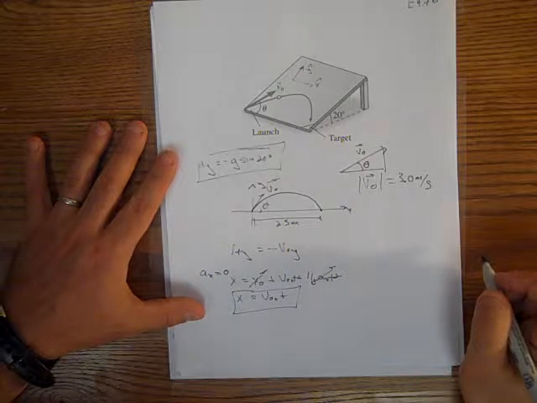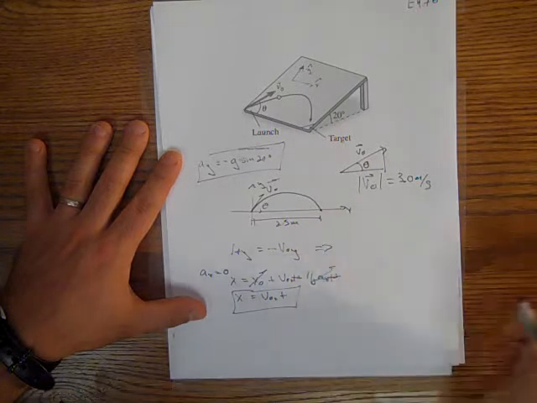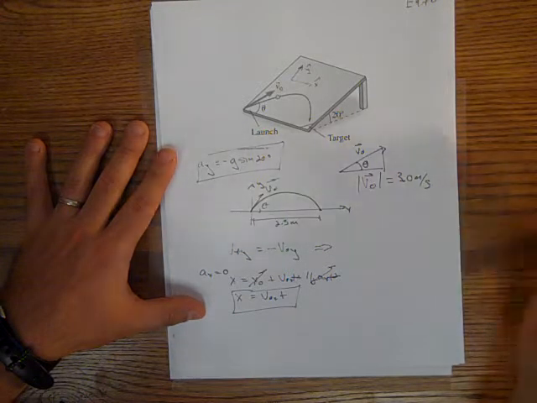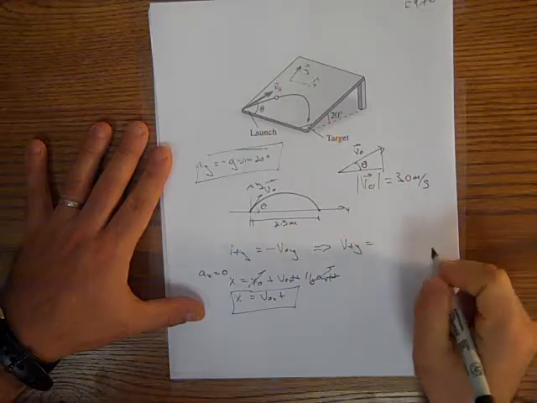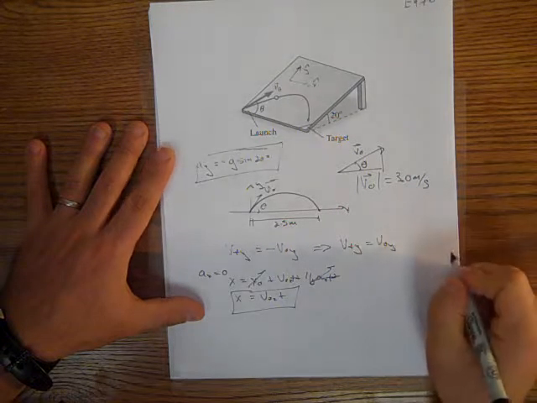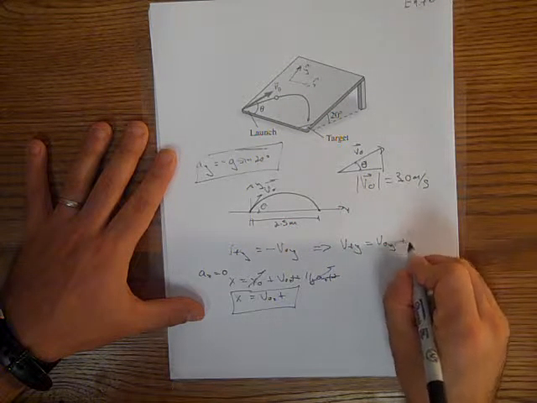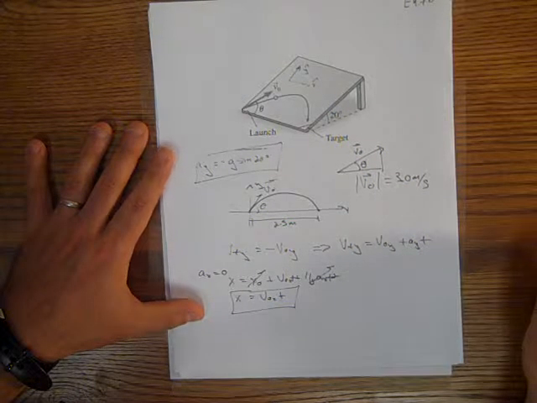My second one is, well, I'm actually going to use this fact along with my other kinematics equation, that the final velocity in the y direction is the initial velocity in the y direction plus ay times t.